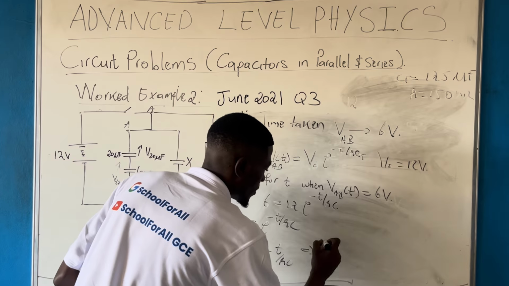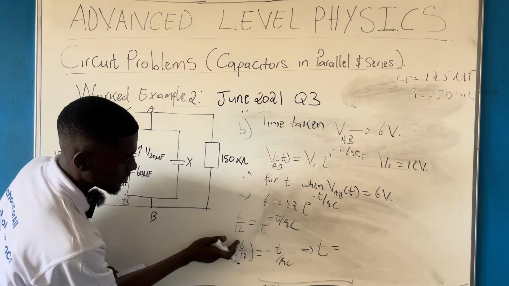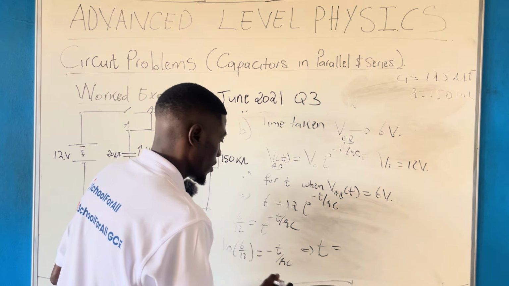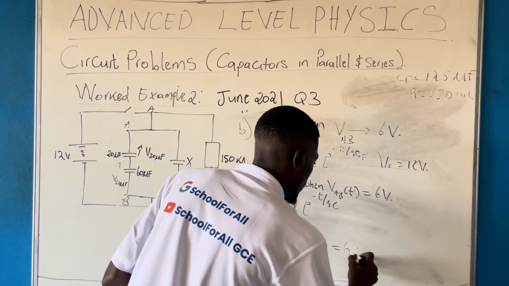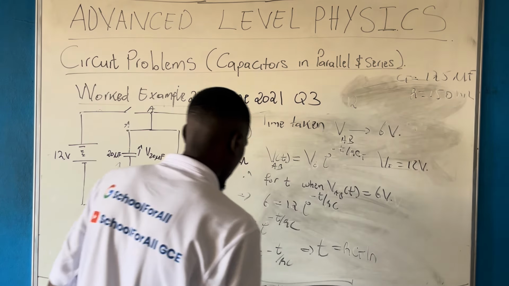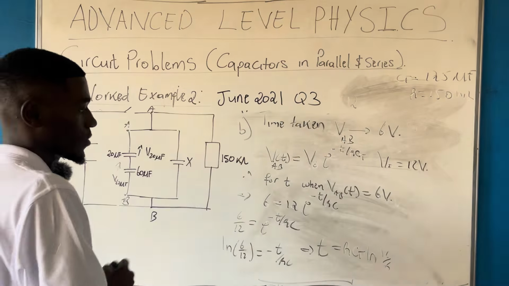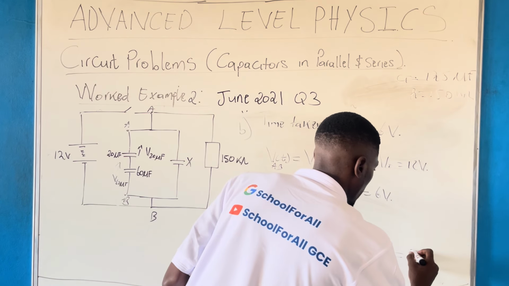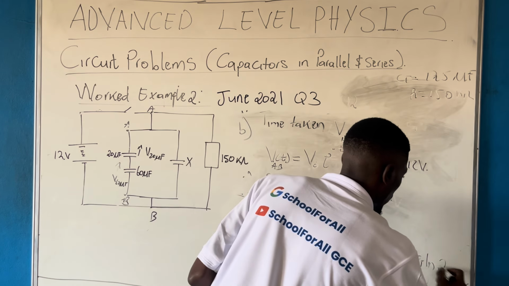This implies T is equal to negative, and when I interchange this 6 up and down, the negative will go. I will simply have RC total ln of 12 over 6, which is the same as RC total ln of 12 over 6. 12 over 6 is what? 2.